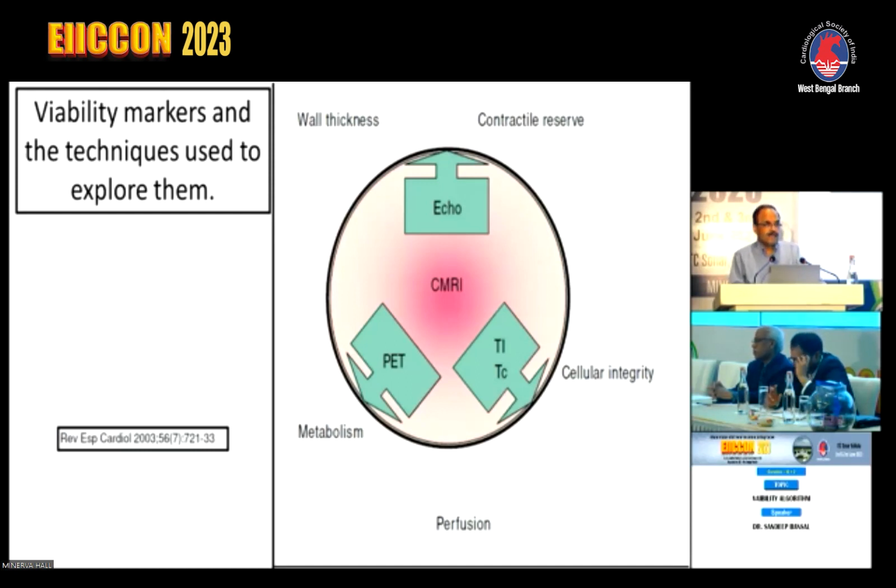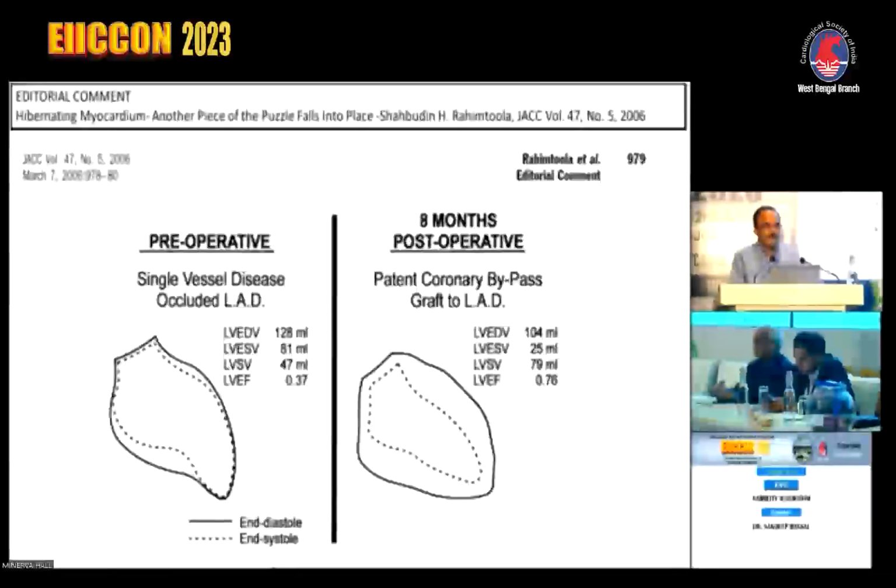And in the center, as you see, is the CMR, or the cardiac magnetic resonance imaging. This is in the center because currently it is believed that the best resolution, up to the tune of about 1 to 2 millimeter, is actually given by magnetic resonance imaging. So this is also believed to be one important method of diagnosing a viable myocardium.